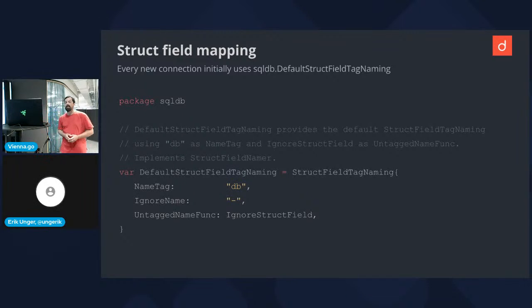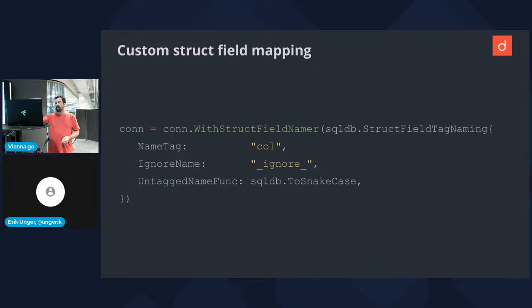And yeah, the important thing is how we map the struct fields, and that's configurable. So we have this struct field tag naming. Basically, it's an implementation of an interface, but that's the standard what you see here on screen, how we use it. You can do your own whatever, how you want to name your struct fields and how they map to a database column.